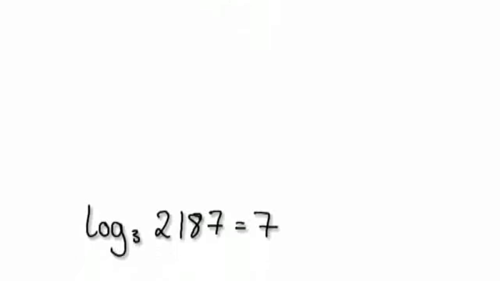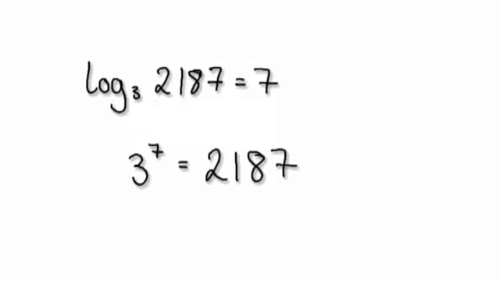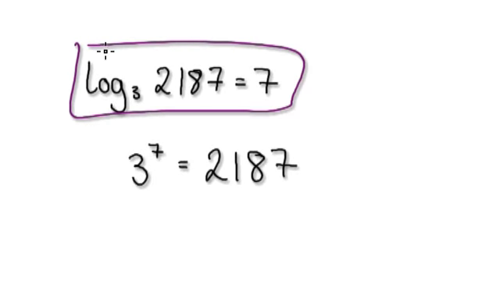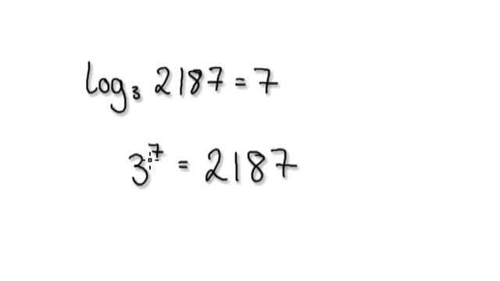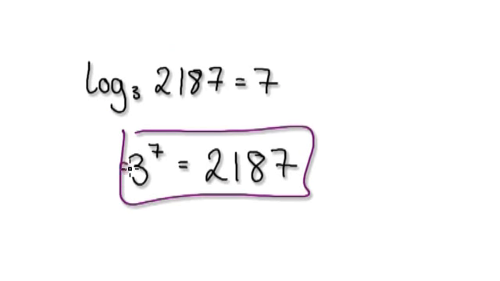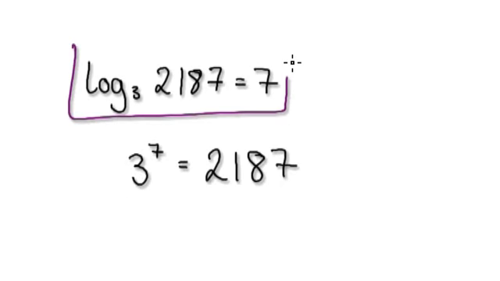Okay, there's a skill that I want you to master, and you have to be able to do this fluently. So when given this here, you've got to be able to translate it to this, and also when given this here, you've got to be able to translate it to this. Looking at this here, this is always your base.